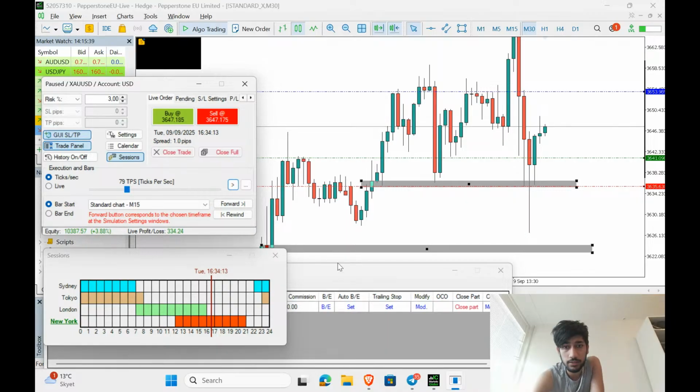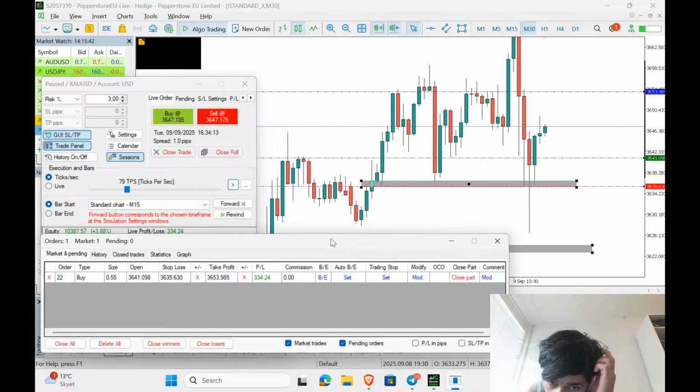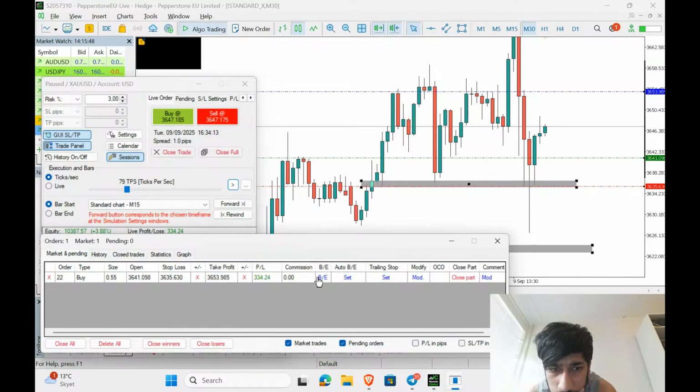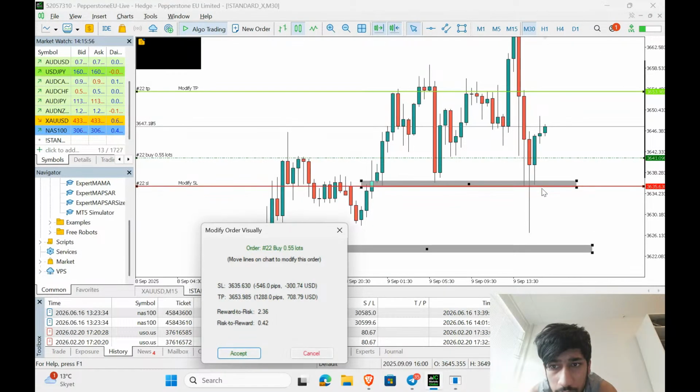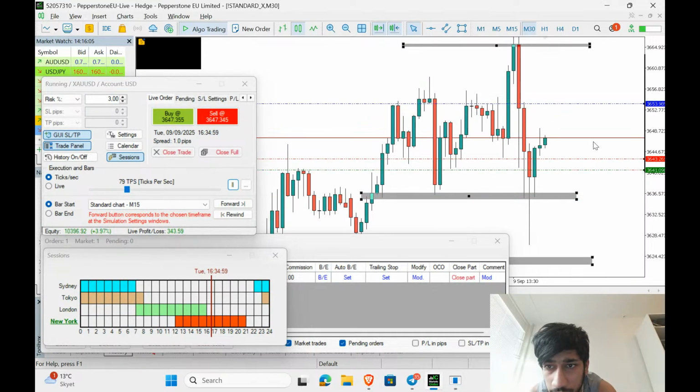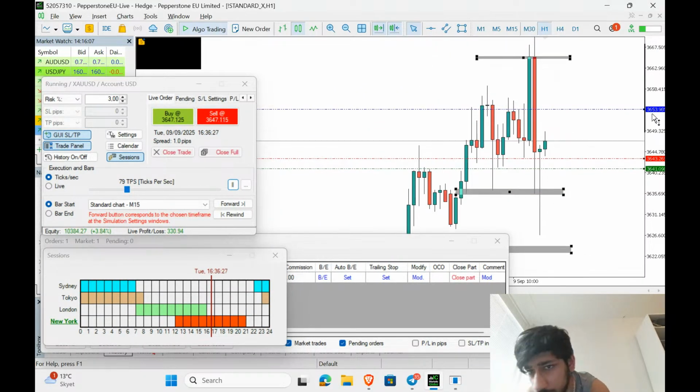So at this point, as we are at a 1 to 1 ratio, I don't want to close partials. I just want to take profit. Modify. I want to keep my stop loss right over here and just let it run to wherever it goes, because on H1 I can see good structure forming.